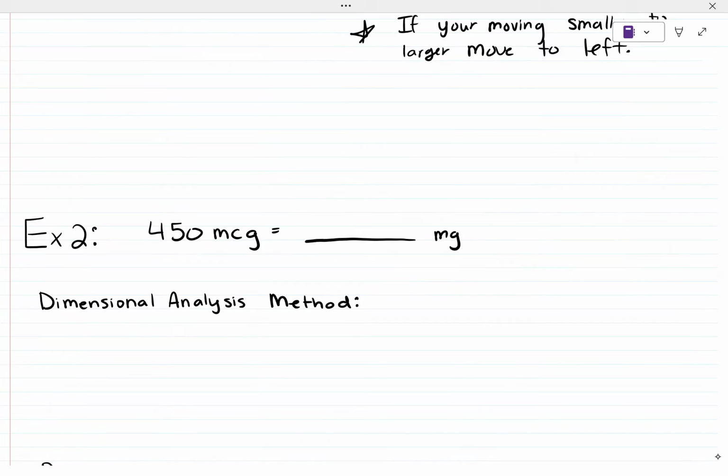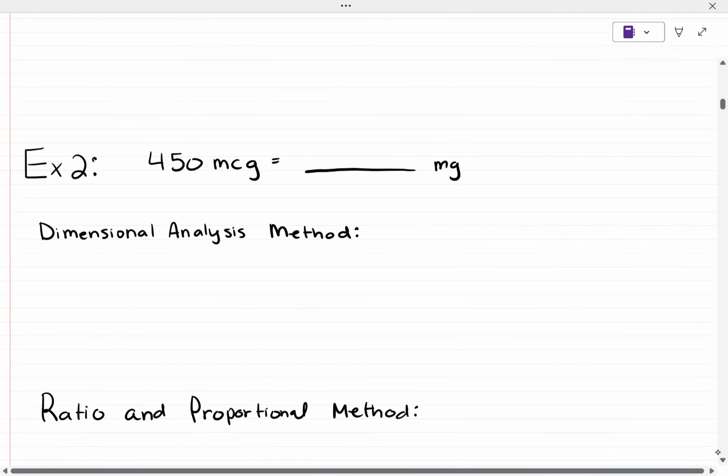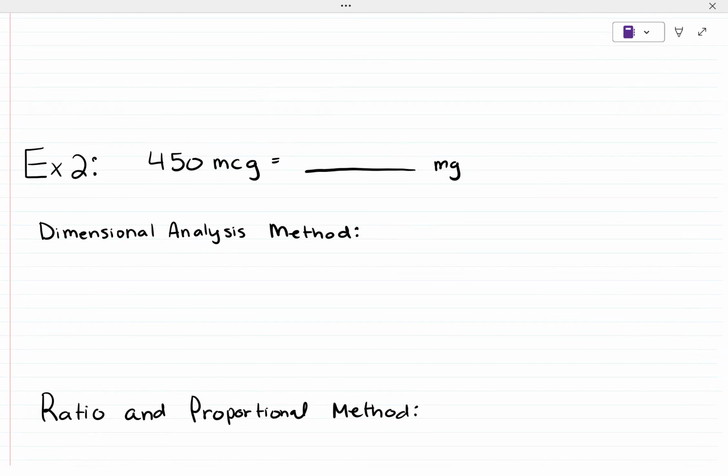So we're going to do the three methods, starting with dimensional analysis. How do we set it up? We write it as a fraction. So the 450 mcg times, and then you're going to make a fraction, and on the bottom you're going to put mcg, and then on the top it's going to be mg.